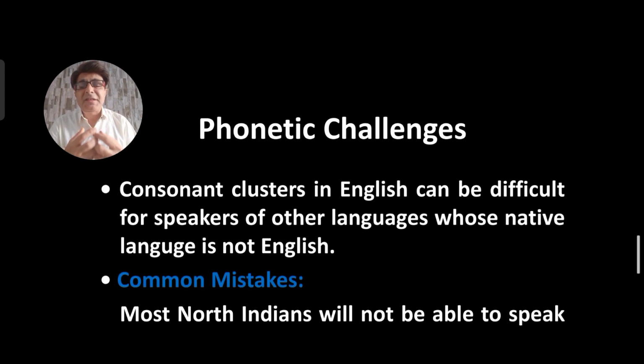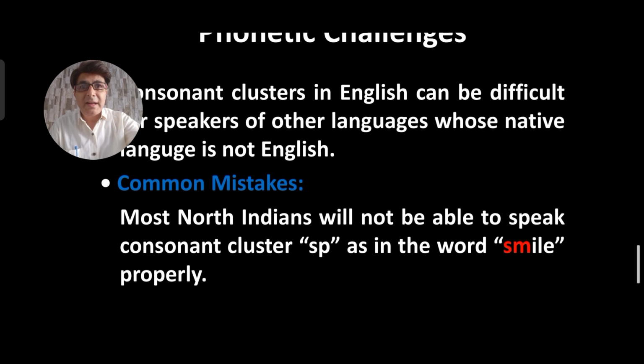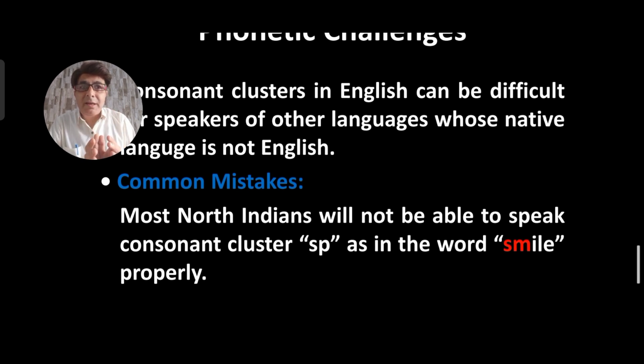What are the phonetic challenges found in the English language with these consonant clusters? Listen, consonant clusters in English can sometimes be difficult for those speakers whose native language is not English. For example, our native language is Hindi, Gujarati, Marathi, Punjabi, and so on.